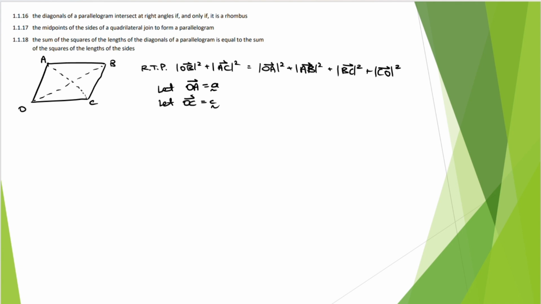And so in this case, we know that AC is going to be equal to AO plus OC, which is equal to negative OA plus OC, which is equal to negative A plus C. Now if we look at OB, that is equal to OA plus AB, and because it's a parallelogram, AB is equal to OC, so we have A plus C.